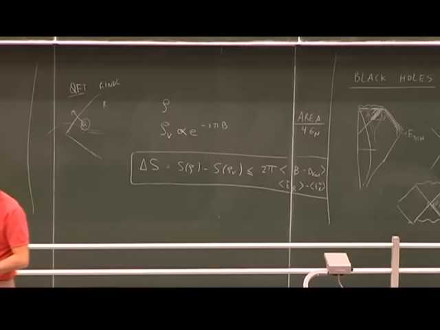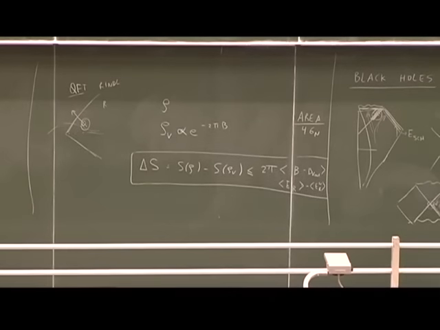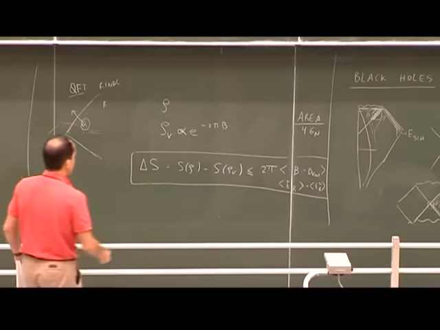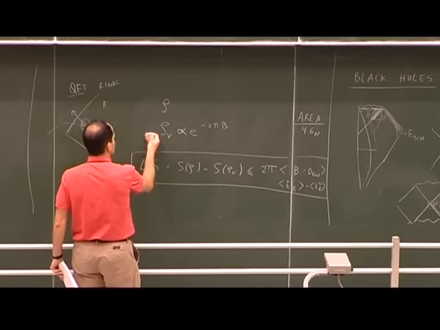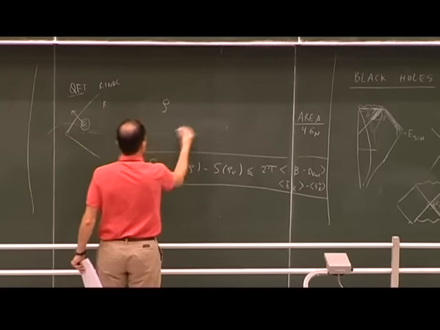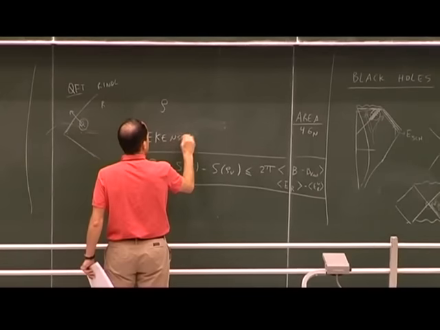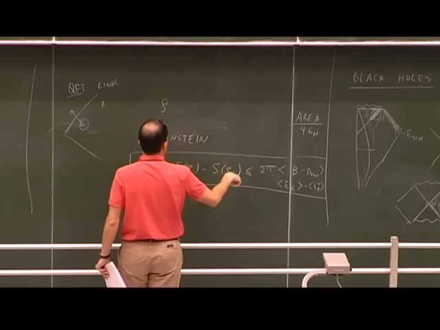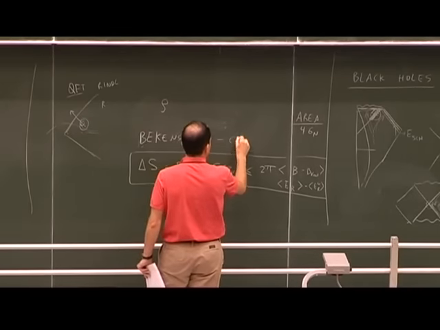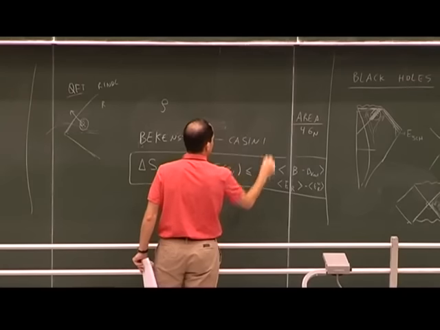I didn't discuss this. I ran out of time, but I'll discuss it next time. This is the so-called Bekenstein-Casini bound. Bekenstein had a bound which looked kind of like this, but this is the more precise version that Casini formulated and then proved.